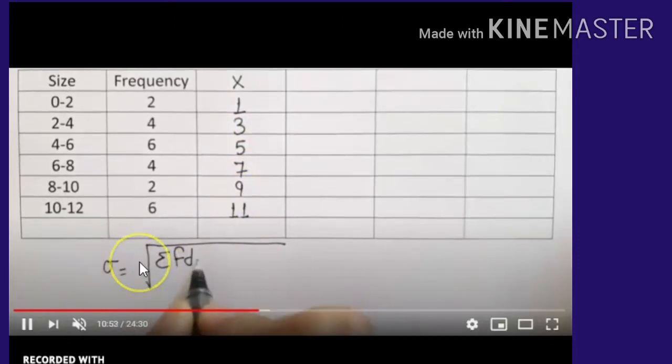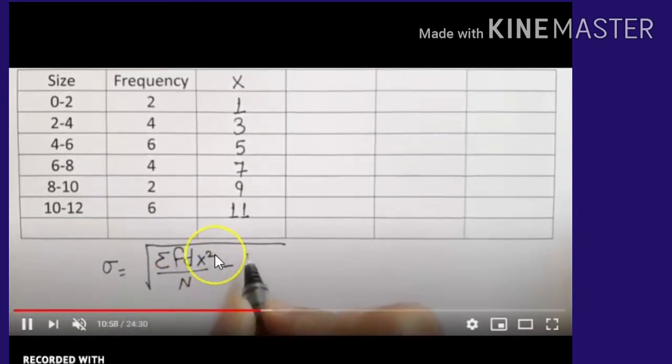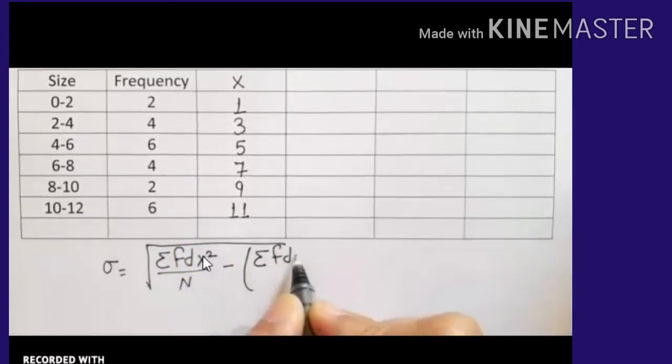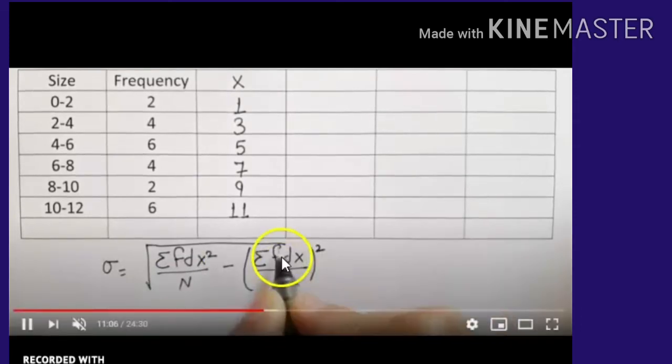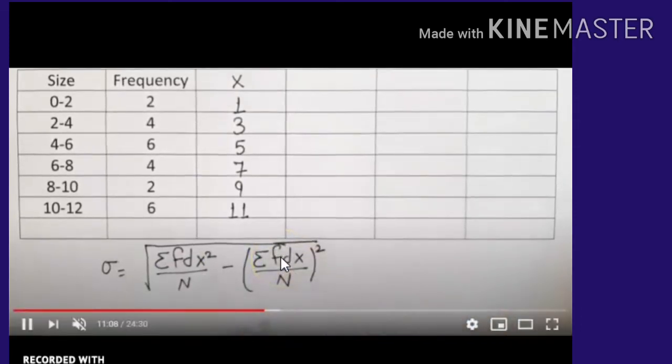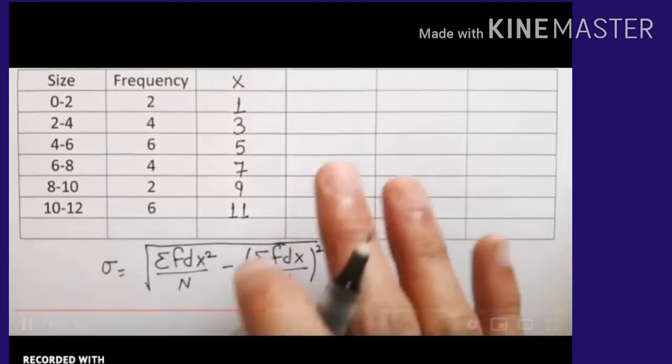The formula is sigma is equal to root of sigma fd square by n minus (sigma fd divided by sigma f) the whole square. The x column is not needed. If you want you can write x also, otherwise sigma fd is enough. First you have to find the d column.